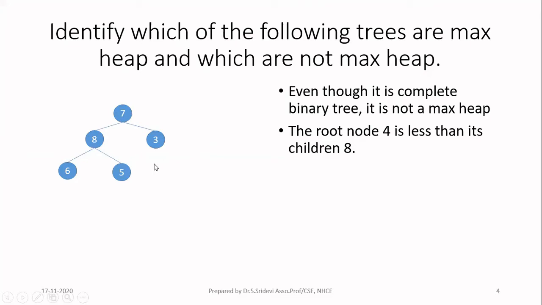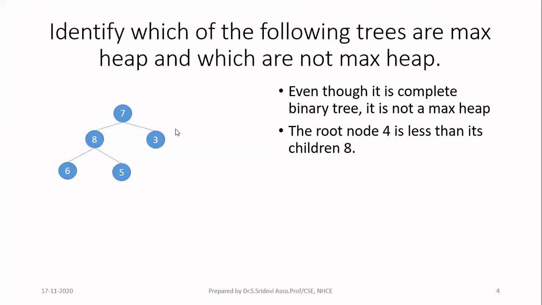Once it is following the property of a complete binary tree, then check whether it is following the property of max heap or not. Max heap means you start with the root node. It is 7. Compare the value of the root node with its children. The children are having the values 8 and 3. Now you see here 7 is less than 8. That means it is not a max heap.